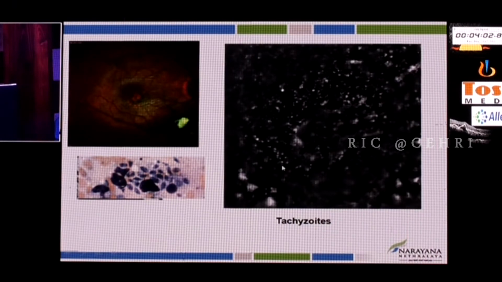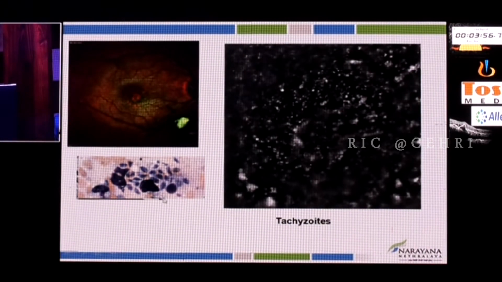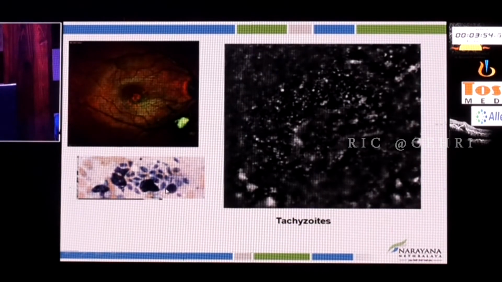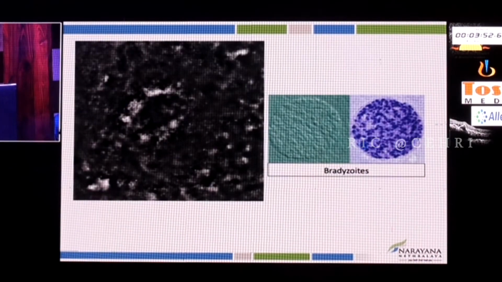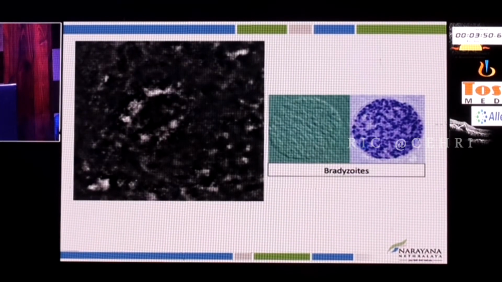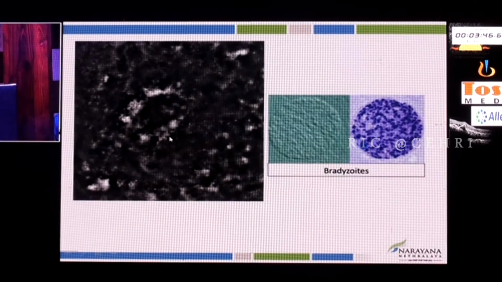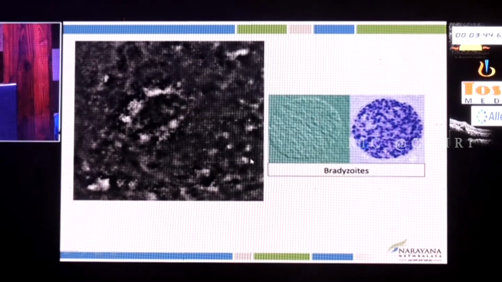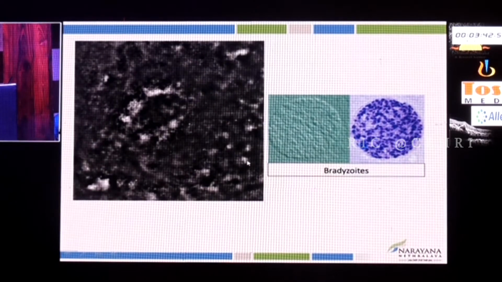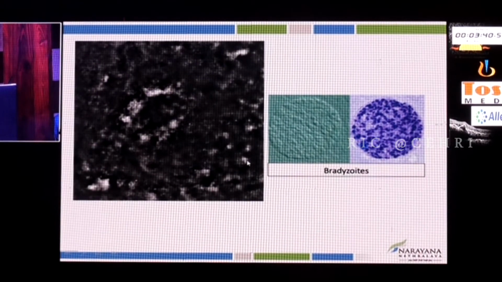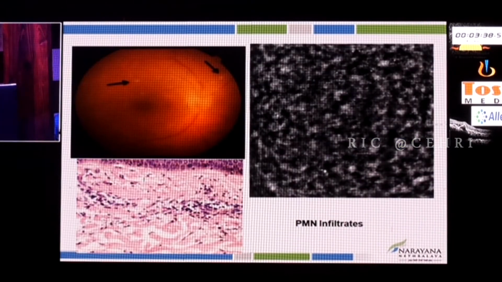Here is a case of retinitis secondary to toxoplasmosis. The adaptive optics shows cellular infiltration with retinal thickening, which is similar to what is seen histopathologically with tachyzoites. Following antitoxoplasma treatment, we could see the resolution of this inflammation, and this is a cyst-like structure which is similar to bradyzoites seen in a toxoplasmosis cyst. So based on this, we can appreciate the pathology of what's happening.